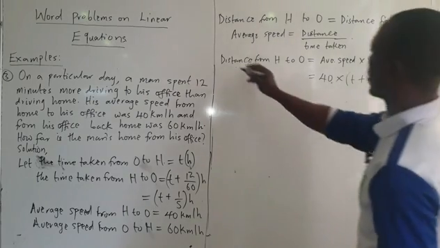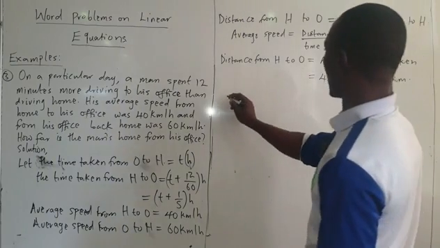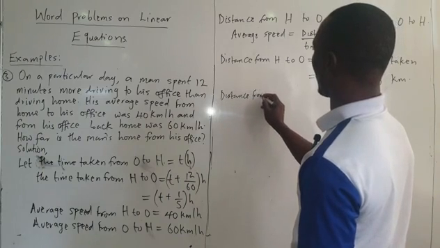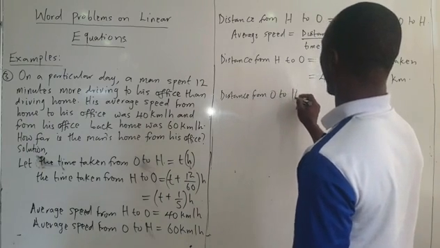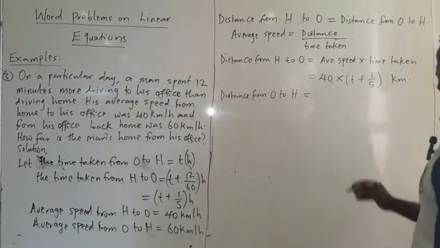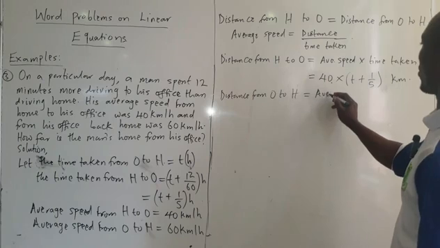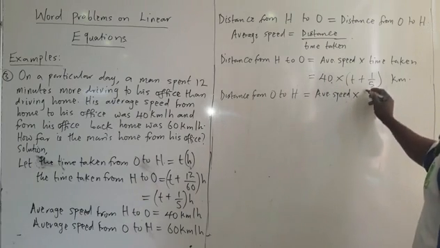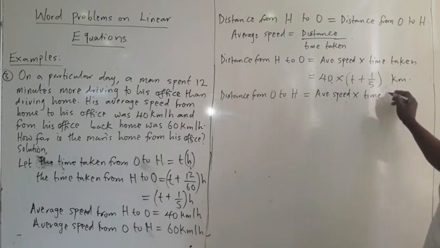Then the distance from office to home. Distance from office to home equals average speed from office to home multiplied by time taken from office to home.